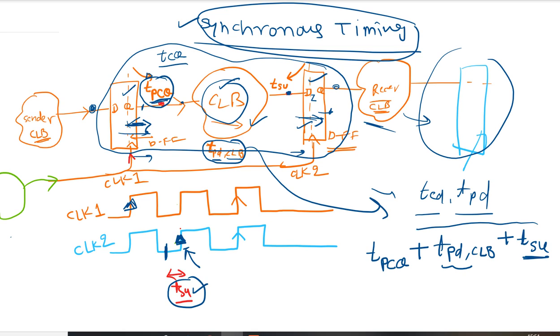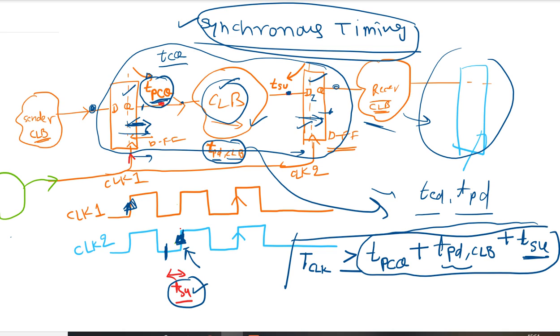So at least this much time from this rising edge to the second rising edge we would need. So my T clock must be greater than or equal to the expression we got here, is it not?